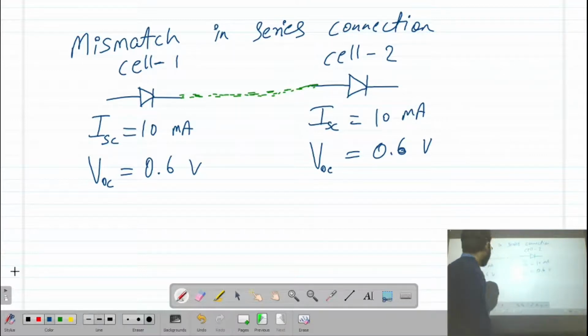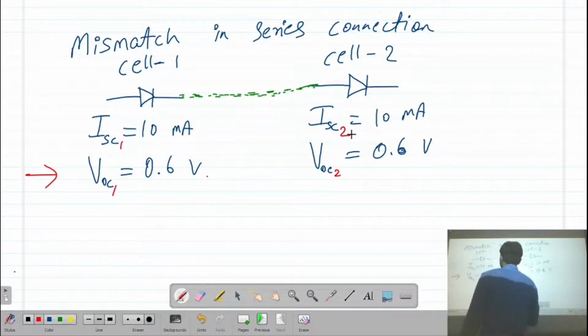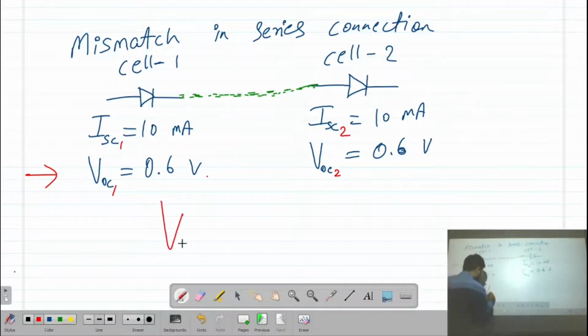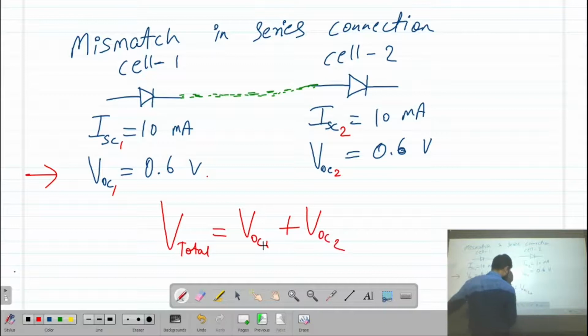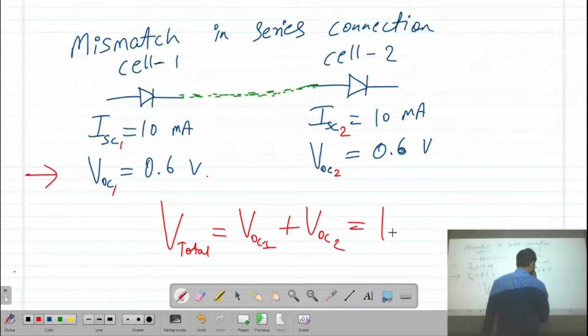Now let us take case 1, for VOC. If both cells have the same voltage, 0.6 and 0.6, then V total will be VOC1 plus VOC2, which is 1.2 volt.